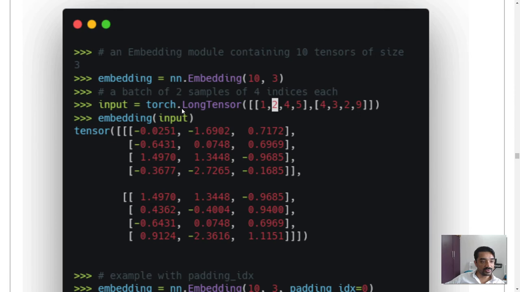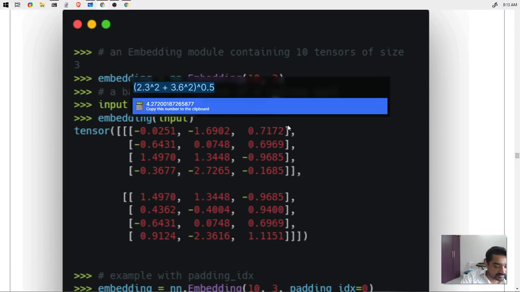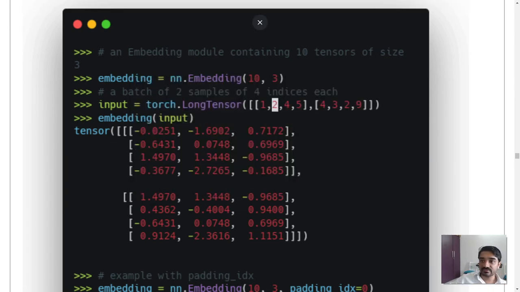So input equal to torch. Let's do that. Why not? Yeah, we have this here.